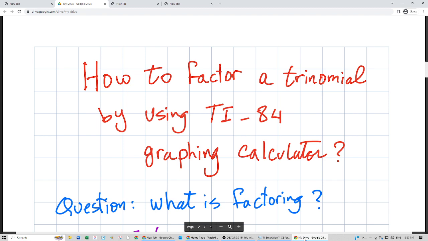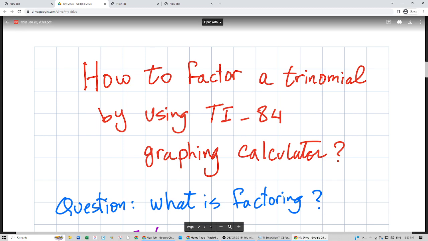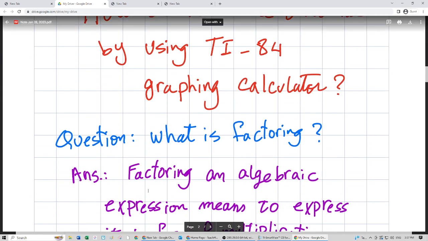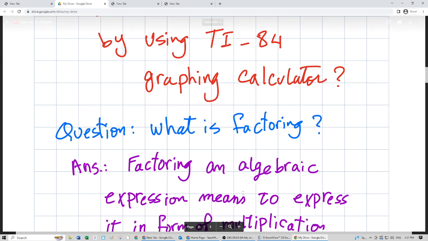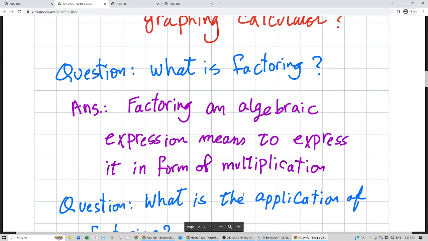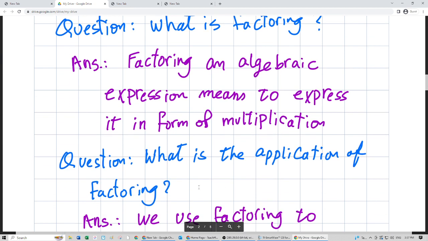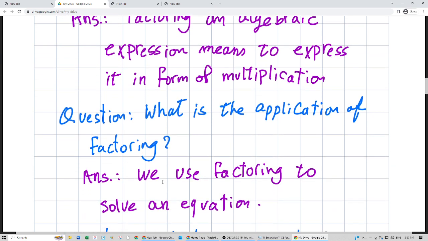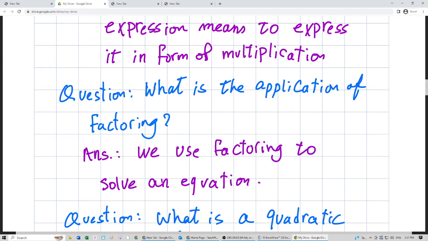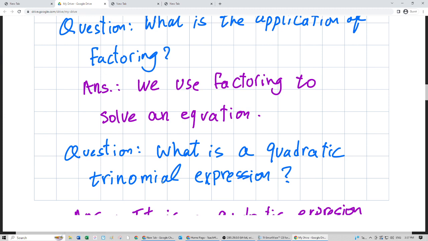So for students to have a quick review, what is factoring? We know factoring an algebraic expression means to express it in the form of a multiplication. So question, what is the application of factoring? We use it for solving equations.